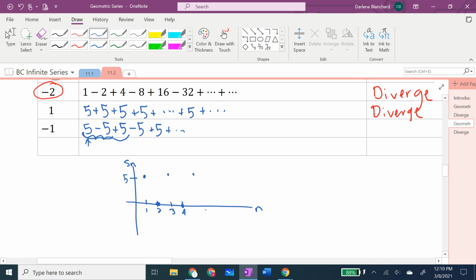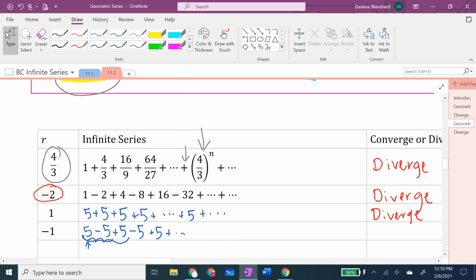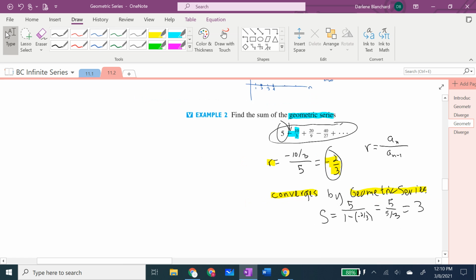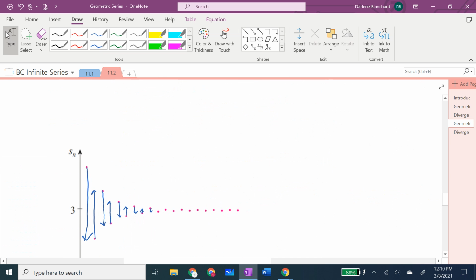So if I'm looking at the sum, what is happening here? That's a problem for s sub n. It's oscillating. I want to be careful, because you saw a moment ago an oscillation that headed to a number. There's a big difference between that and this.